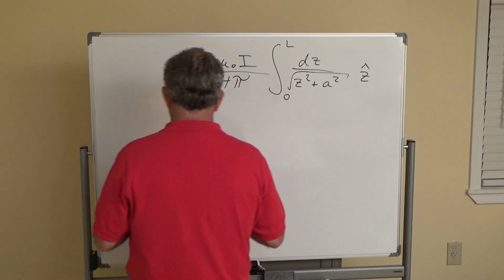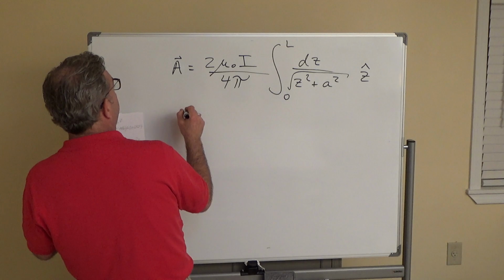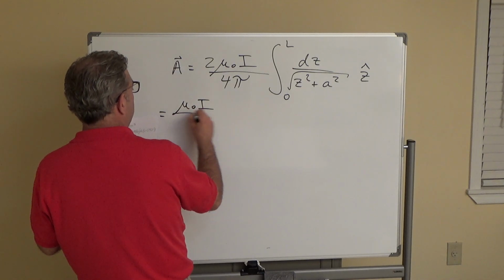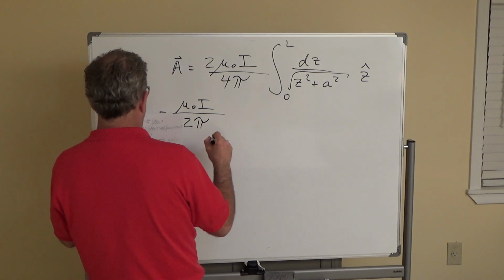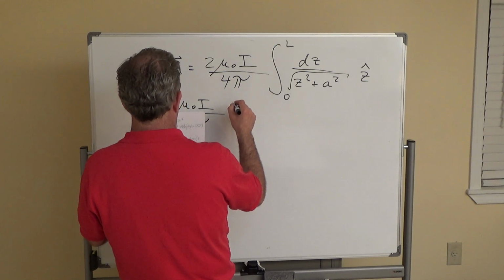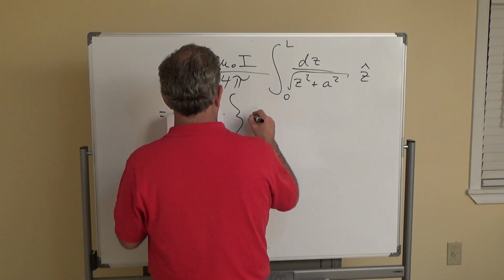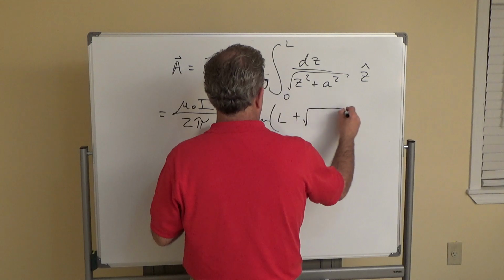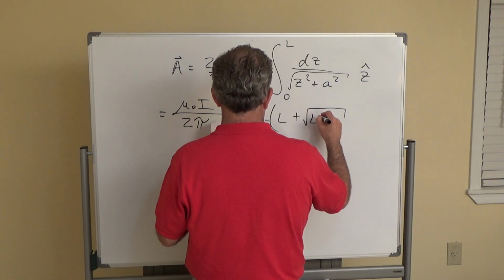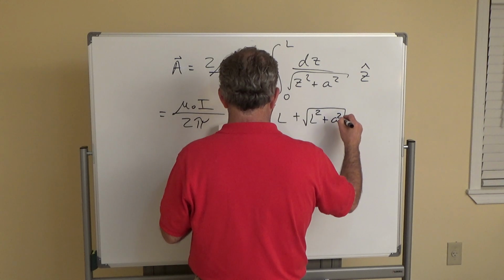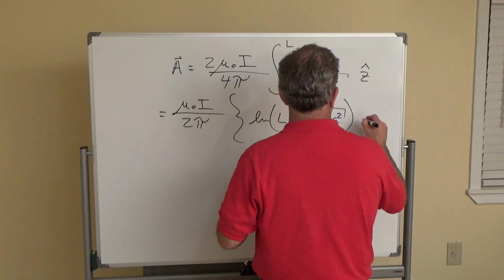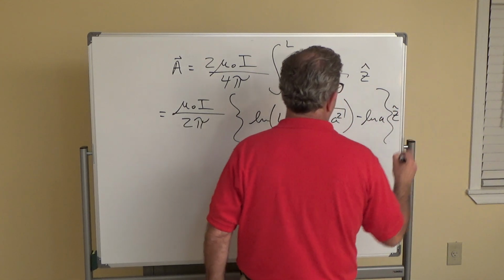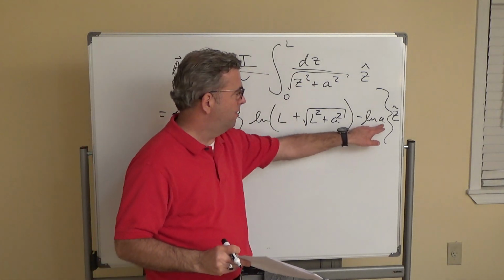And you get, this is equal to mu naught I over 2 pi times, let's see here, you get the ln of L plus the square root of L squared plus a squared, minus ln of a, z hat.